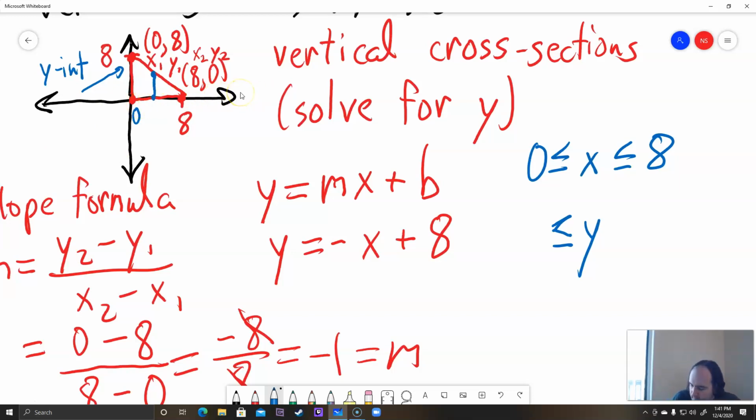Okay, so remember that the x-axis is the same as y equals 0, the horizontal line. Okay? And then on the top, we have this line here, but we just found the equation of that line. So that line right there is negative x plus 8. So y is between 0, which is the x-axis, and this diagonal line up here, which is going to be negative x plus 8.